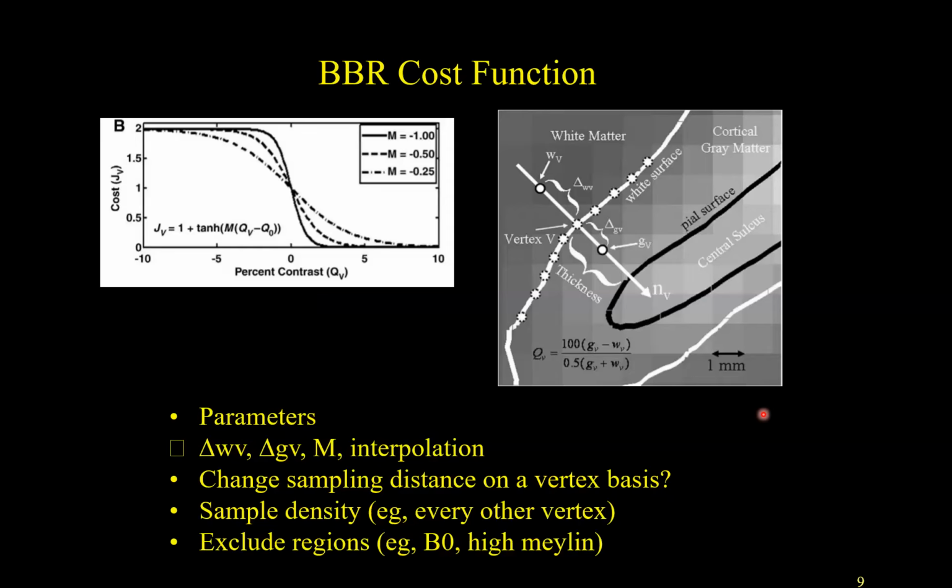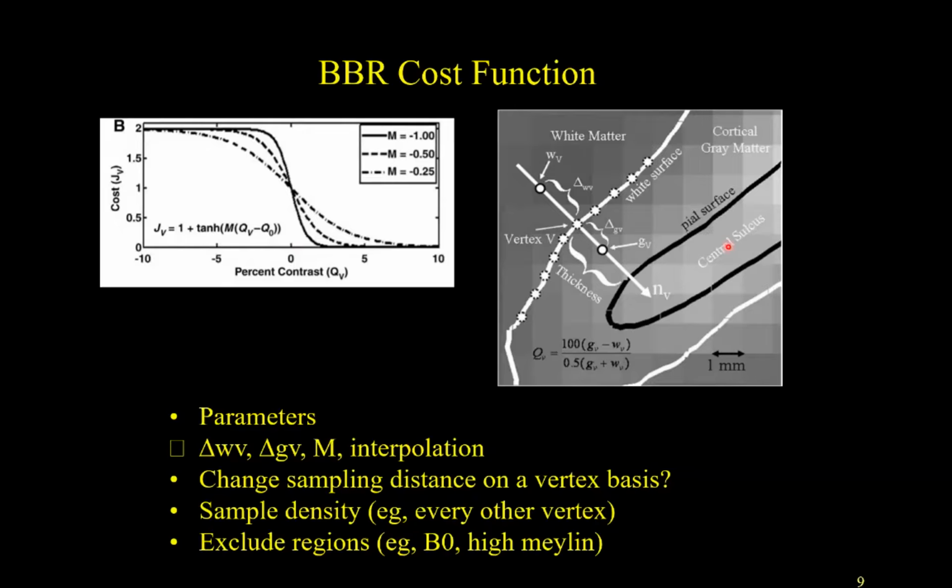So there are several parameters here. There is this delta WV, which is the distance that you're going to project from the white surface to the place where you're going to sample it. And then there's delta GV, which is the distance from the white surface into gray matter. There's this M value, which I haven't really talked much about, which indicates the sharpness of this nonlinearity.